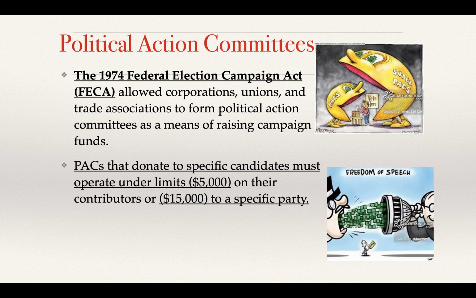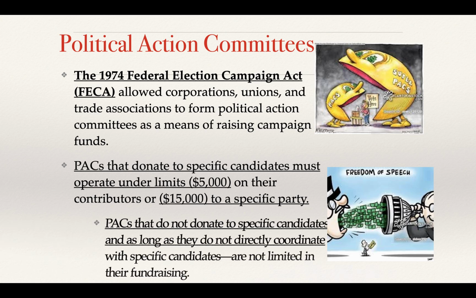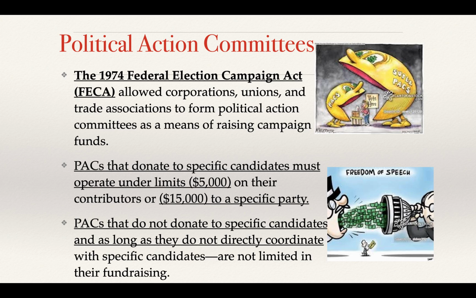And they can only give $15,000 directly to a party. Like they can only give the Democrats in Missouri, for example, $15,000, or the Missouri Republicans $15,000. That's it. They're capped.